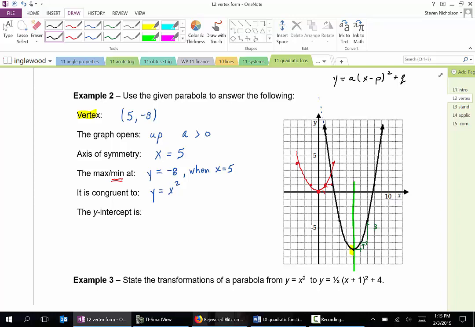I know that this is congruent to the x squared parabola, which means a is going to equal 1, because there's that invisible number 1. I know the coordinate of the vertex is 5 and -8.